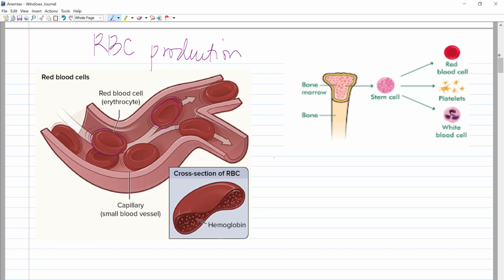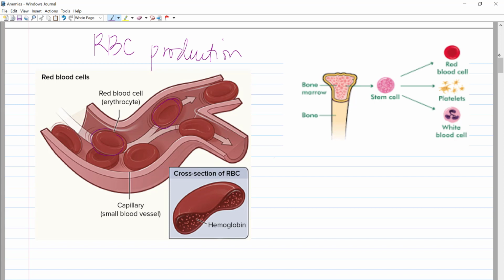Because when you understand the very foundation of this concept, you'll be able to understand why we are giving blood to this patient, why this patient needs a bone marrow transplant, why this patient needs vitamin B12 supplements, folic acid supplements, ferrous sulfate. It's just knowing how red blood cells are produced. If you understand this, anemia is a concept that will be easier for you to manage.